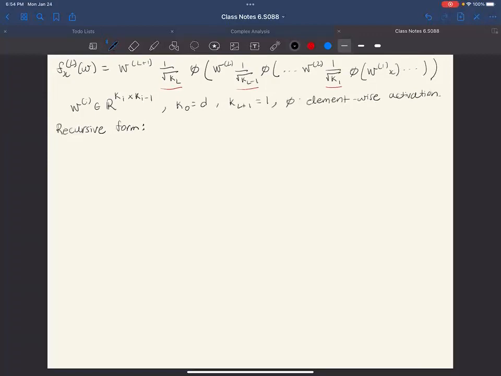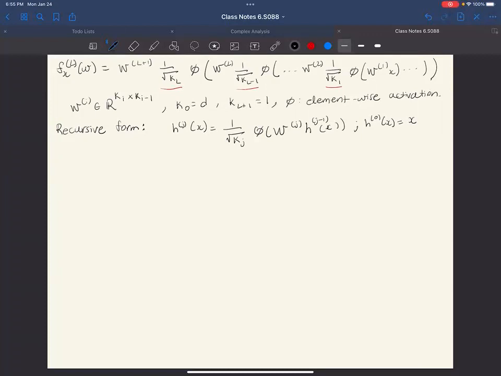I want to write h_j of x, which is given by 1 over root K_j, phi of W_j h_{j-1} of x. I'm going to set my initial condition, h_0 is just x.